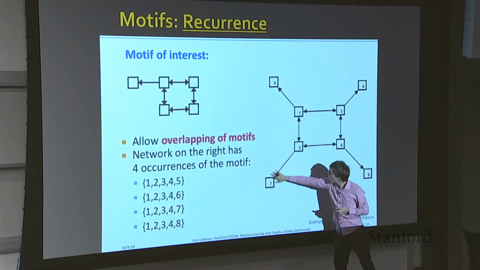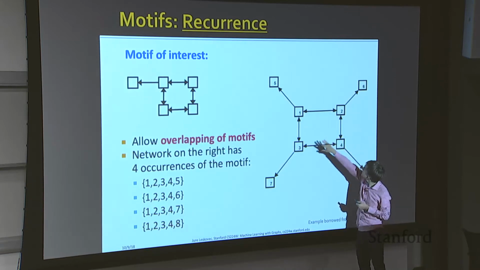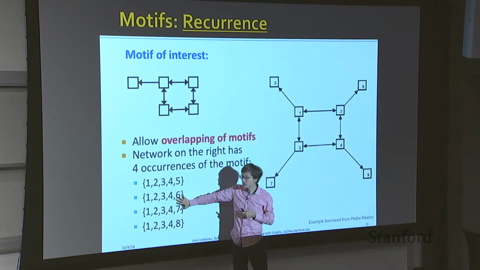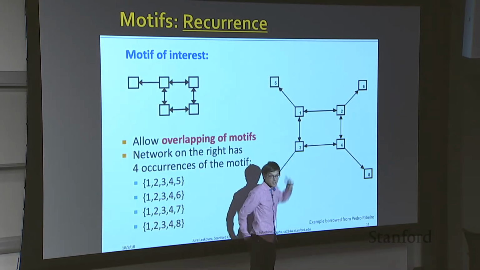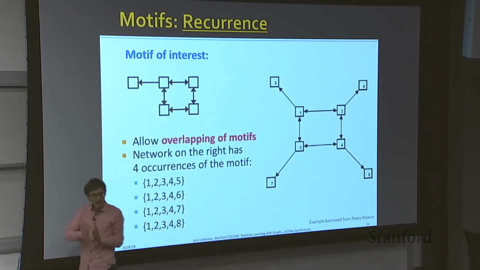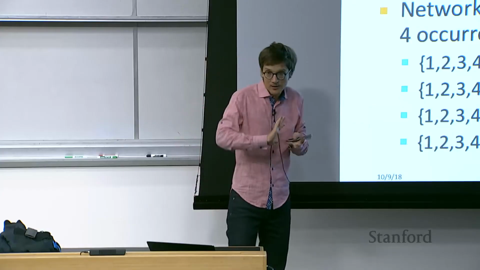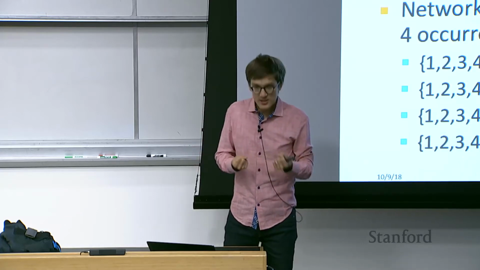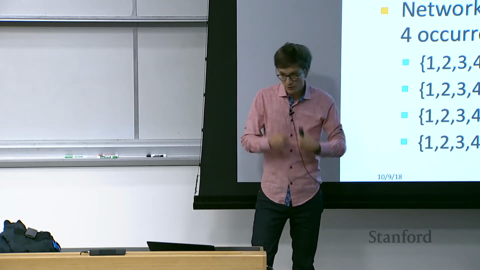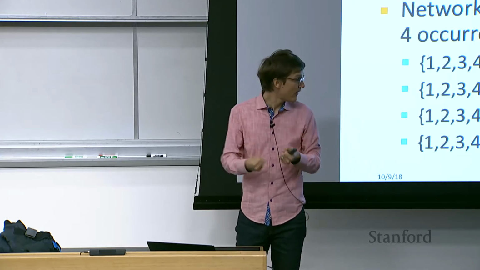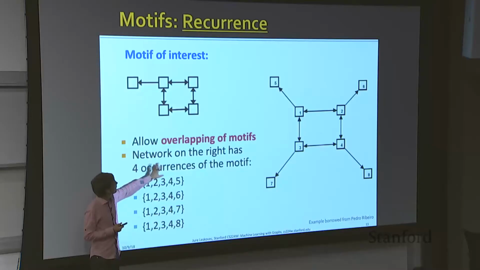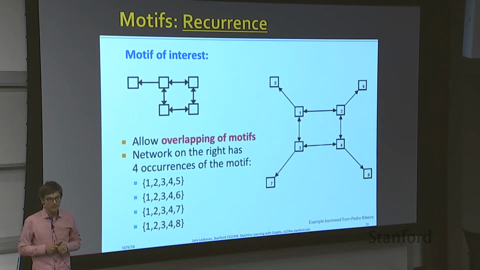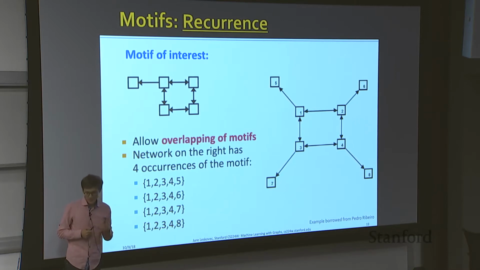So this is one instance of the motif, this is another instance, that's another one, and that's another one, right? So there are 4 instances of our motif of interest in this graph, okay? So we allow motifs to overlap, but not to be exactly the same, okay? What we have defined so far is this notion of an induced subgraph, and a notion of an occurrence or an instance of a pattern in the graph, in the network. Okay? So these are the 2.